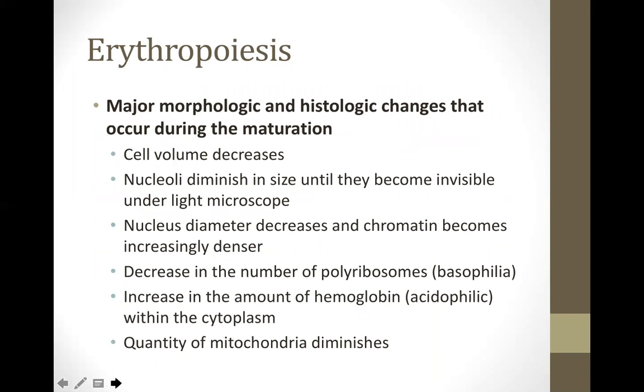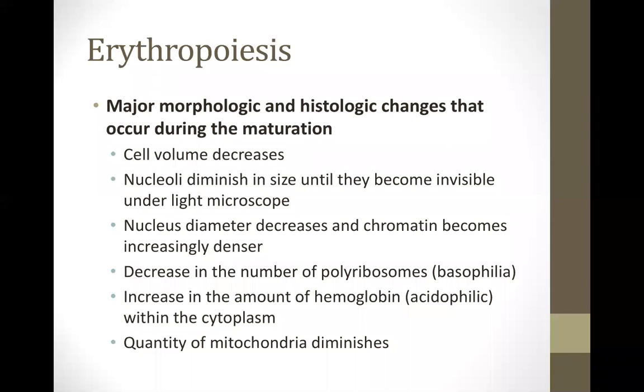Alright, so in erythropoiesis, there are major morphologic and histologic changes that occur during its maturation. And we have to take note one by one. Cell volume decreases. So, from erythroblast na malaki, ang mature, maliit na siya. The nucleoli diminish in size until they become invisible under light microscope.